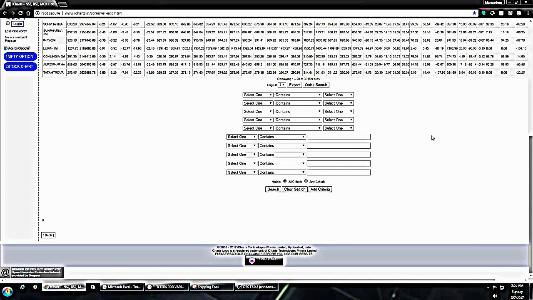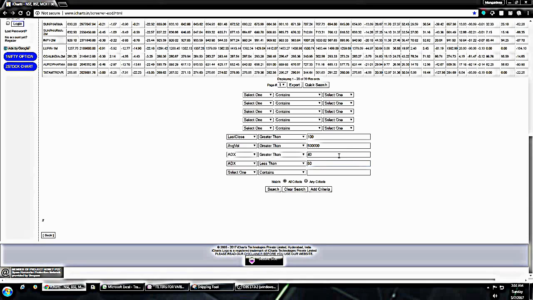All right, now coming on to the filters. The first filter which needs to be done here is last close is greater than 100, average volume is greater than 5 lakhs, and ADX is greater than 40 and ADX is less than 60.